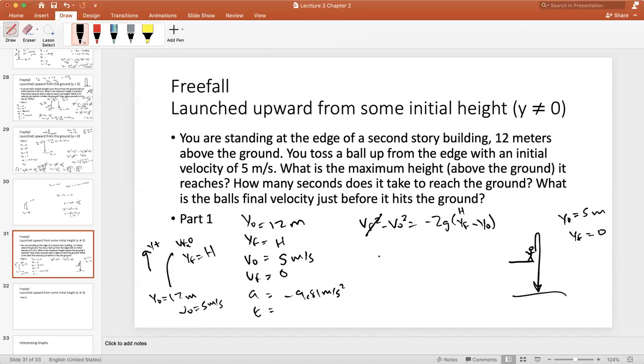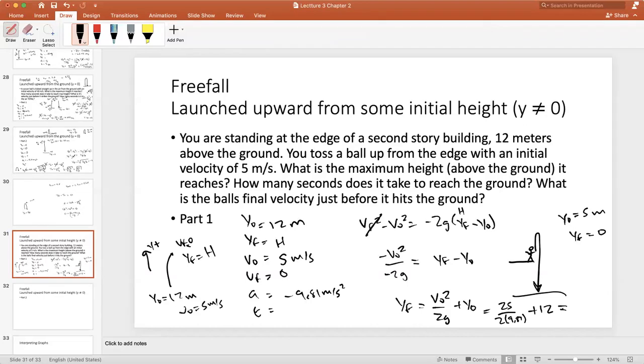And so we get minus v naught squared over minus 2g is y final minus y initial. We're solving for y final. Y final is v naught squared over 2g plus y naught. And this is 25 over 2 times 9.81 plus 12.